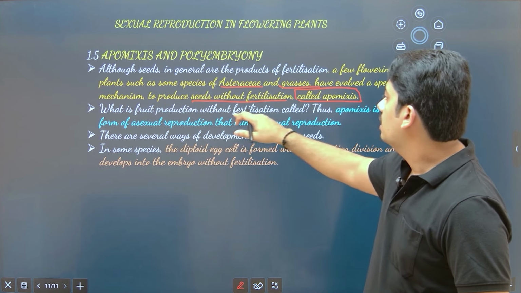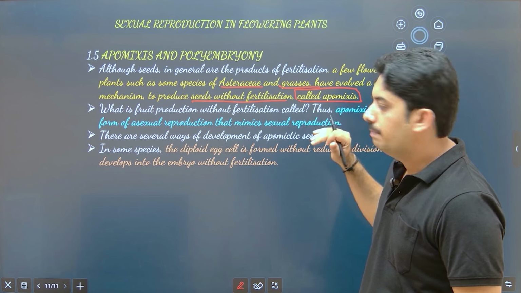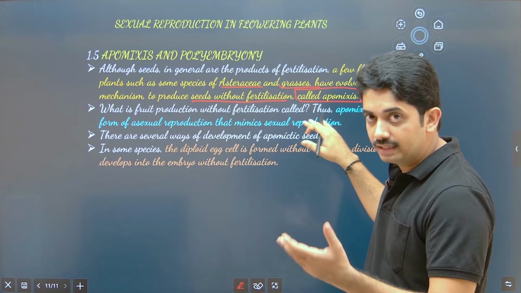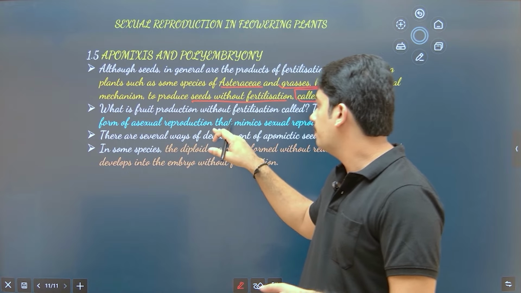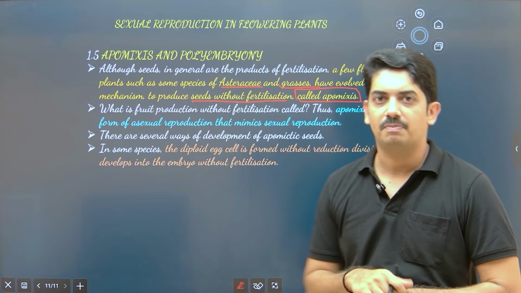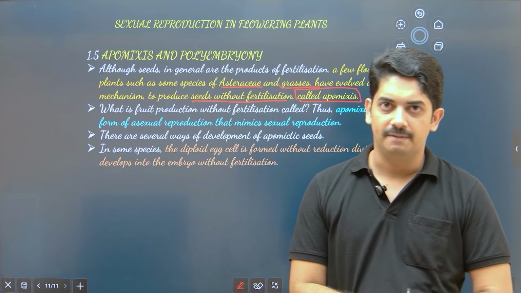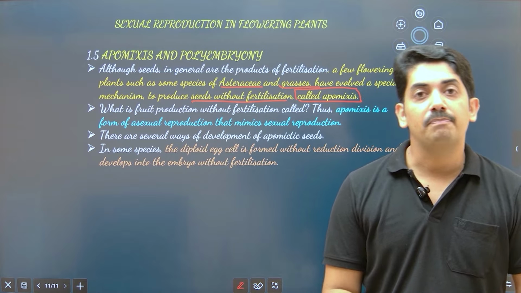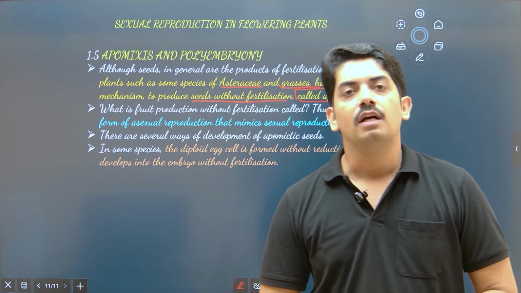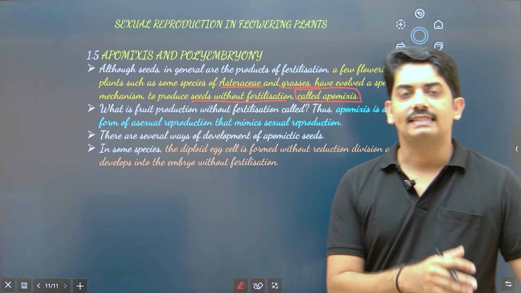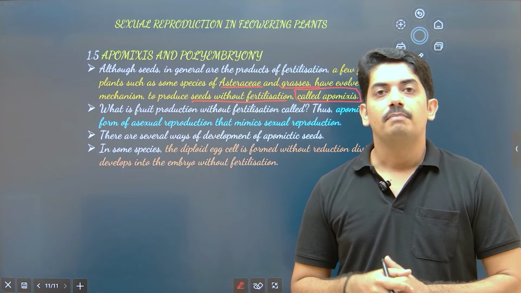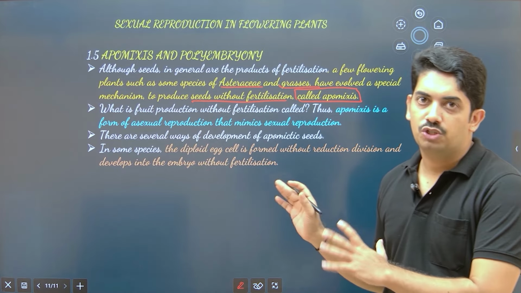The fruit production without fertilization is called parthenocarpy. Apomixis is a form of asexual reproduction that mimics sexual reproduction. Such a beautiful word, apomixis. It's a type of asexual reproduction. Actually, seeds are produced without fertilization, right? It is exactly like a clone, but still it mimics the sexual mode of reproduction.